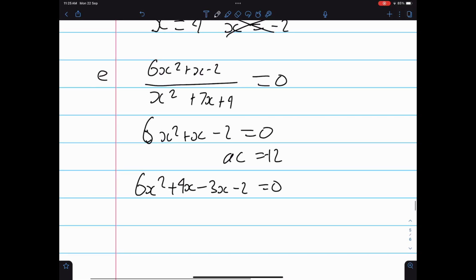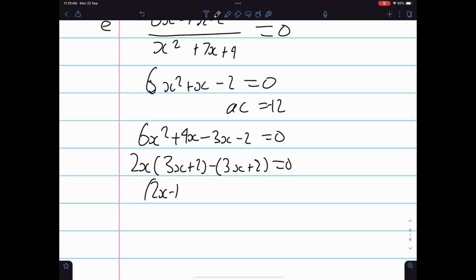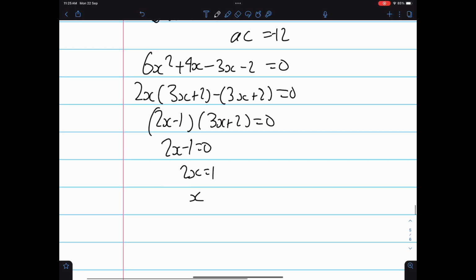And we'll factor this out. 2x bracket 3x plus 2 minus 3x plus 2. So now we get 2x minus 1 bracket 3x plus 2 equals 0. So 2x minus 1 equals 0, 2x equals 1, x equals 1 half, 3x plus 2 equals 0, 3x equals minus 2, x equals minus 2 over 3.